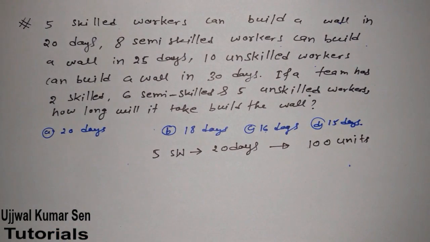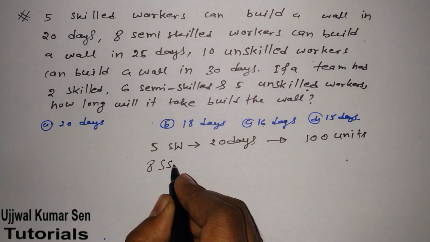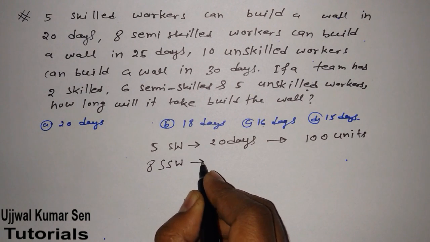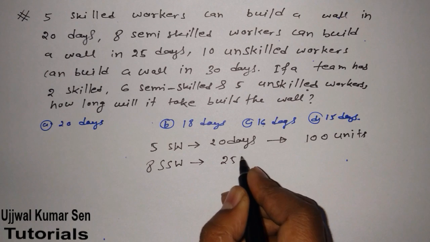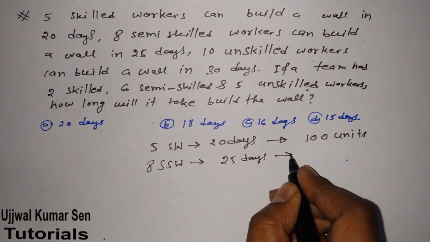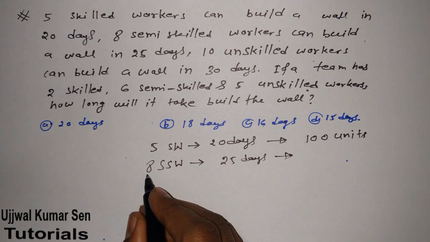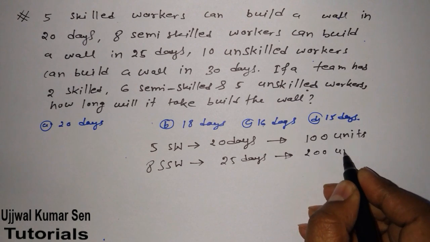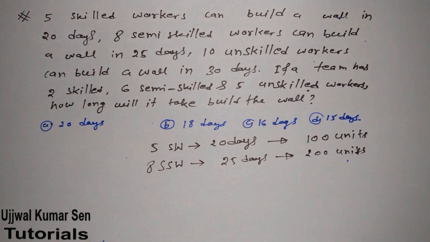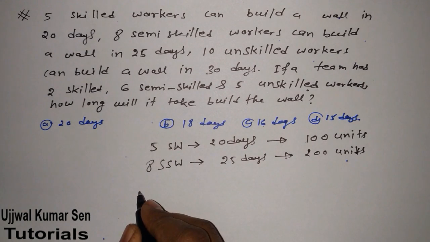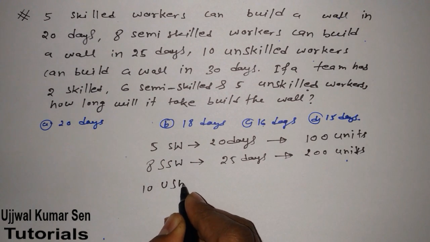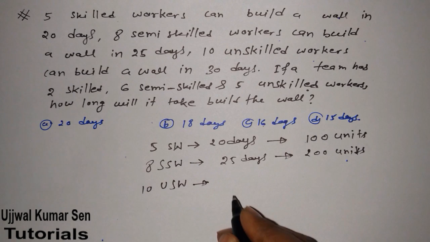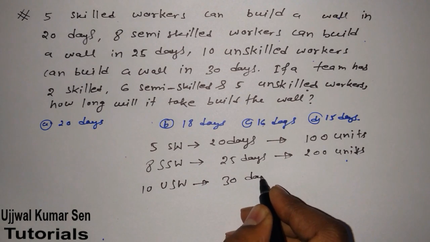Then it says 8 semi-skilled workers can do the same work in 25 days. The total number of work units is 8 multiplied by 25, which is 200 units. And next, it says that 10 unskilled workers can do the work in 30 days.